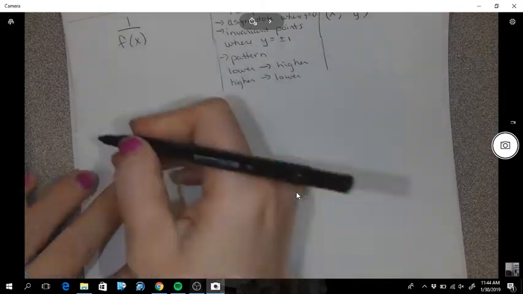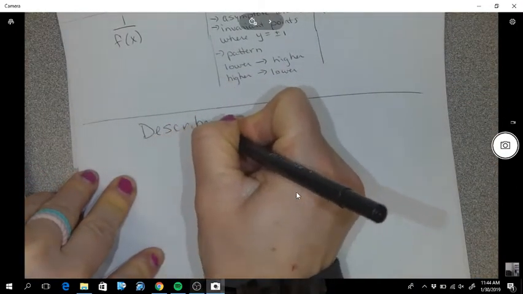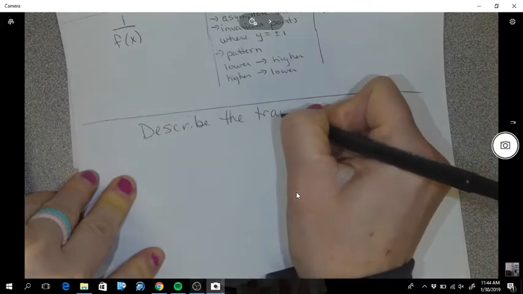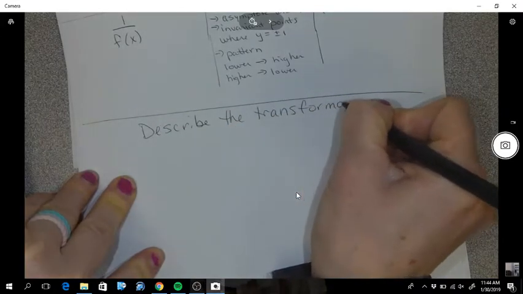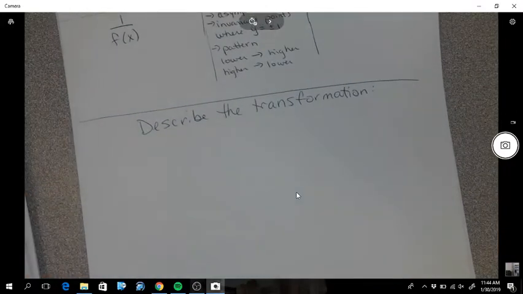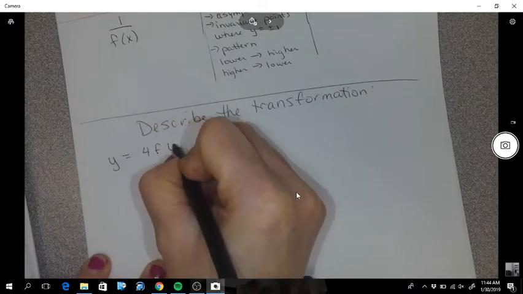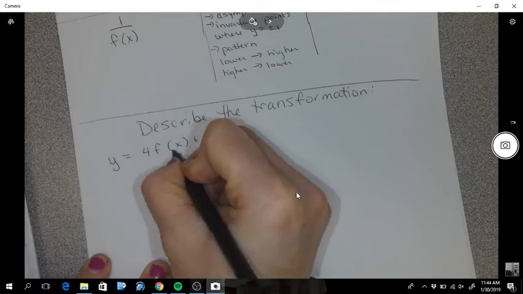Okay, talking about transformations, describe the transformation. Okay, so what if I gave you y equals 4 f of x plus 3?